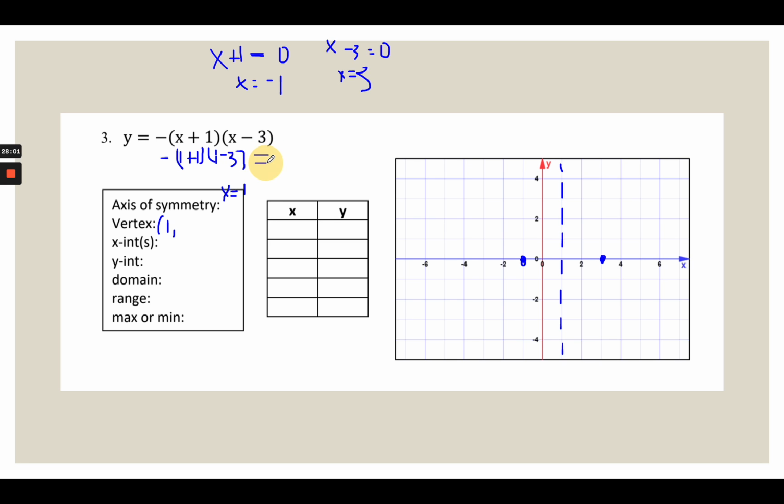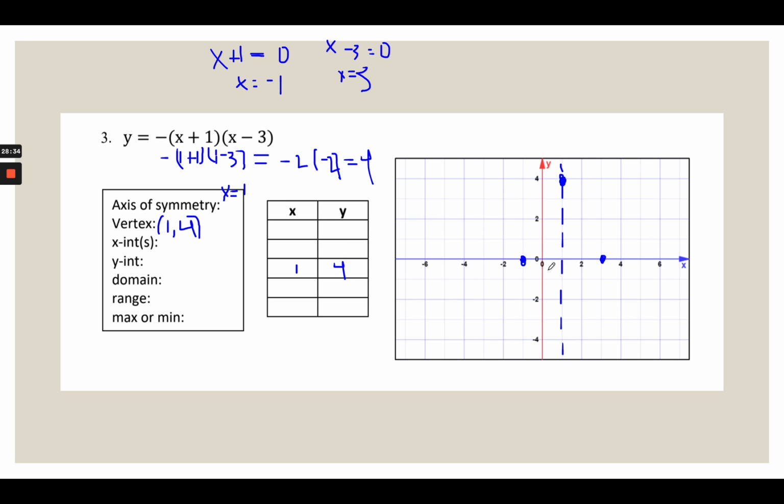So we get negative. 1 plus 1 is 2. And then times that negative is negative 2. And then 1 minus 3 is also negative 2. Well, negative 2 times negative 2 is a positive 4. So our vertex is at the point (1, 4). So we go 1 to 4. Okay, so vertex is at (1, 4).